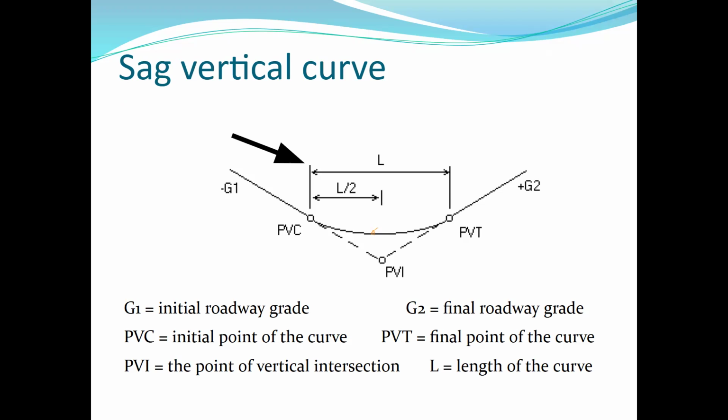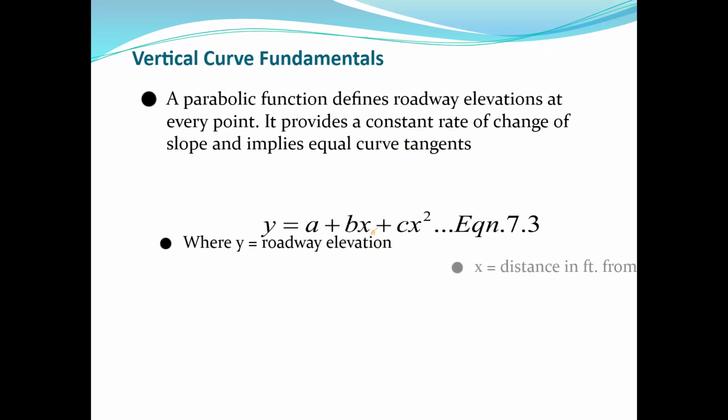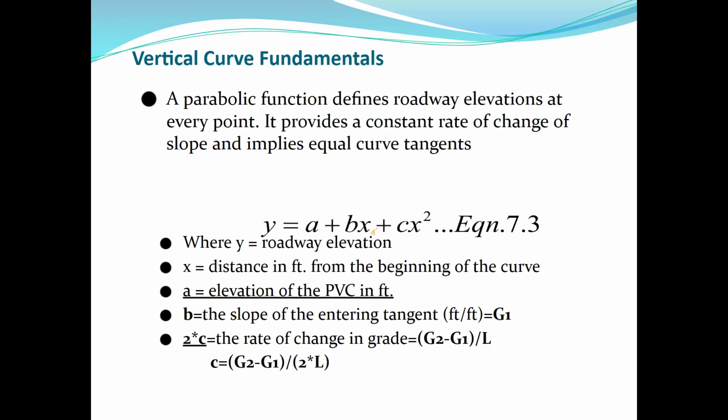So the elevation of PVC, and the elevation of PVC, PVI, and PVT, all 3 critical points. Based on these, we can derive what A, B, and C are for this curve, and then we'll be able to solve the problem. And I'll talk about the highest point or lowest point in the curve in just a second.